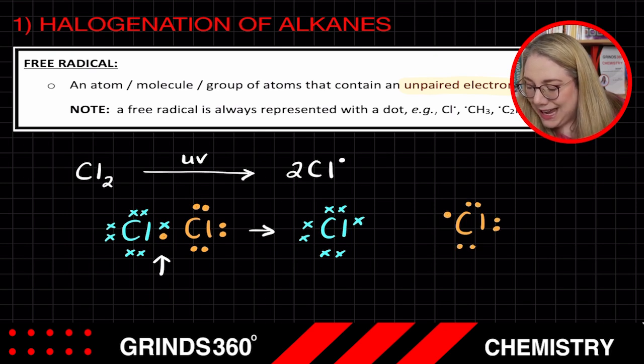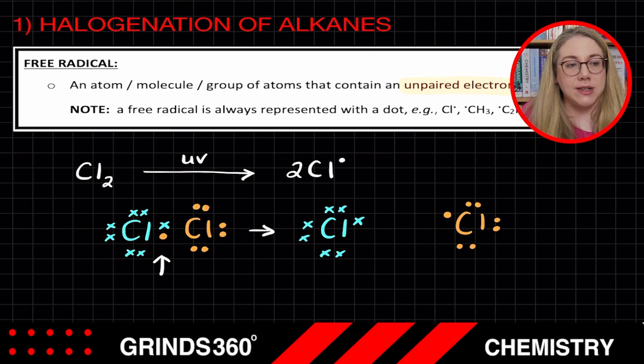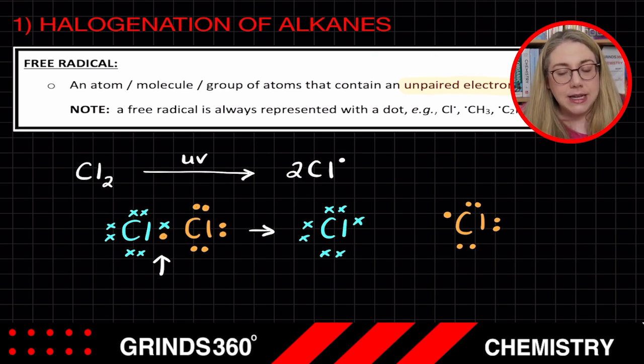So you haven't gained or lost electrons here, so we don't have ions. So be very careful when you're dealing with substitution reactions that you show the free radical as a dot, not as a minus. If that was a minus sign, that means you're telling me that the chlorine has gained an electron, but that hasn't happened here.